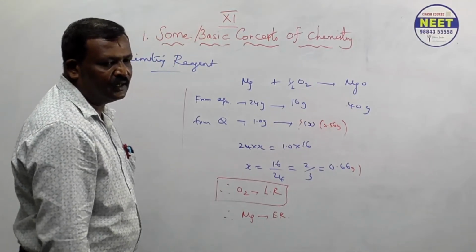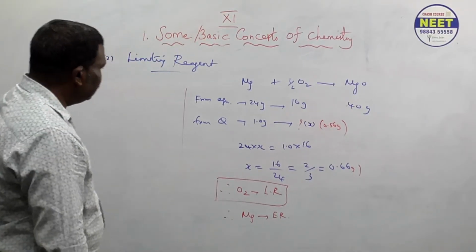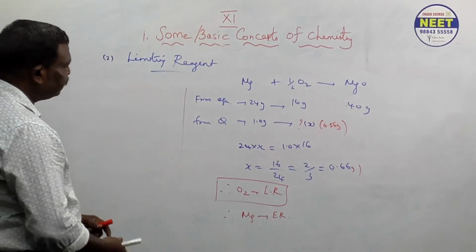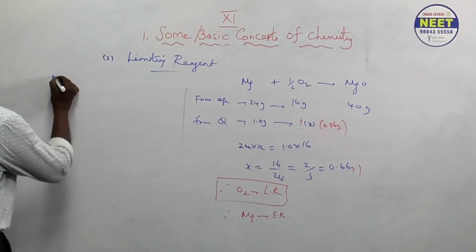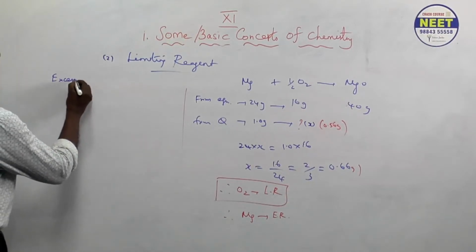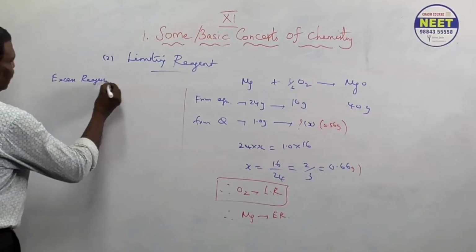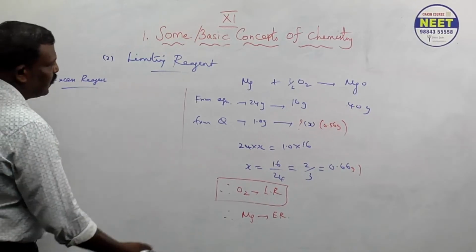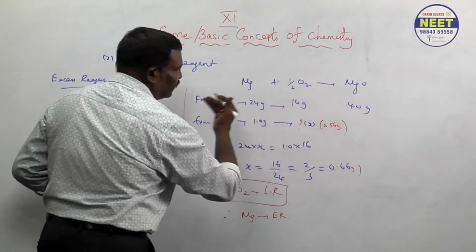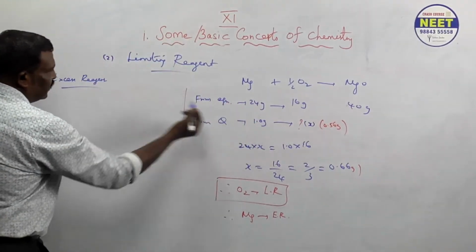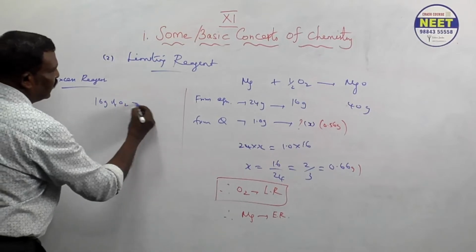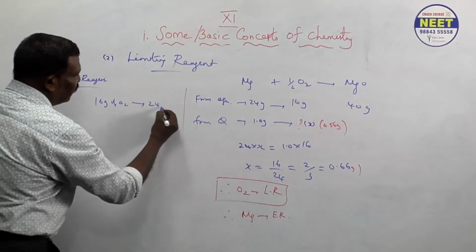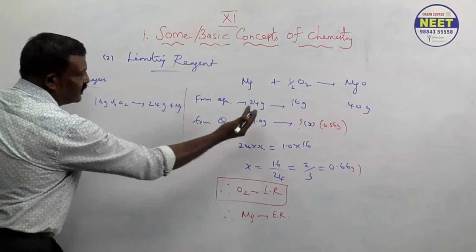Now what's the question they are asking? Which is the excess reagent, and how much? If you want to find the excess reagent, you go in the reverse direction. 16 gram of O2 can react with 24 gram of magnesium.